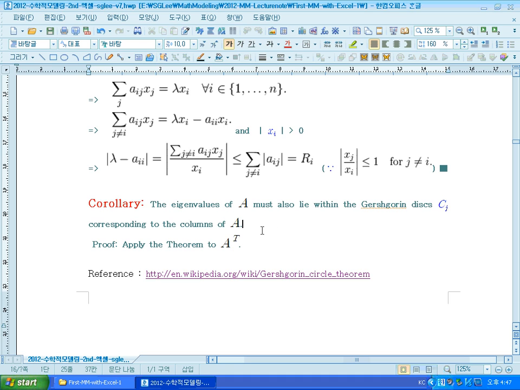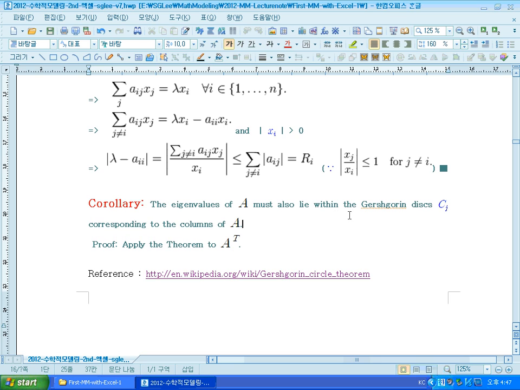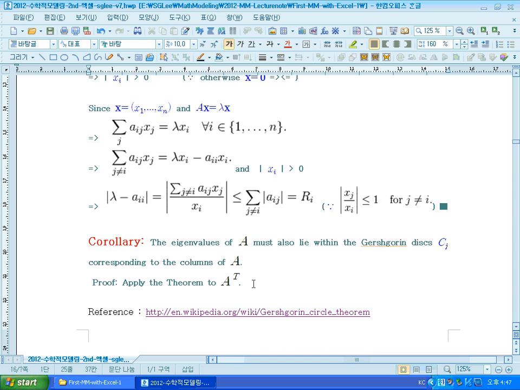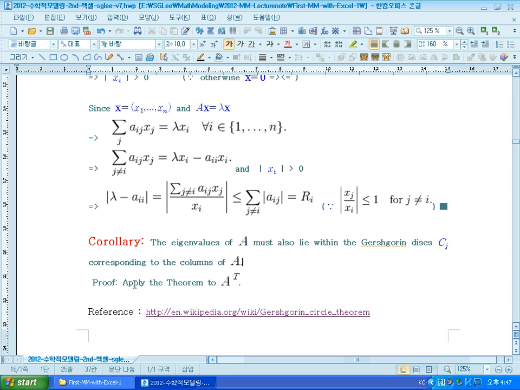So we can adopt the same algorithm for the columns instead of rows, by applying the same proof of the theorem to A transpose.